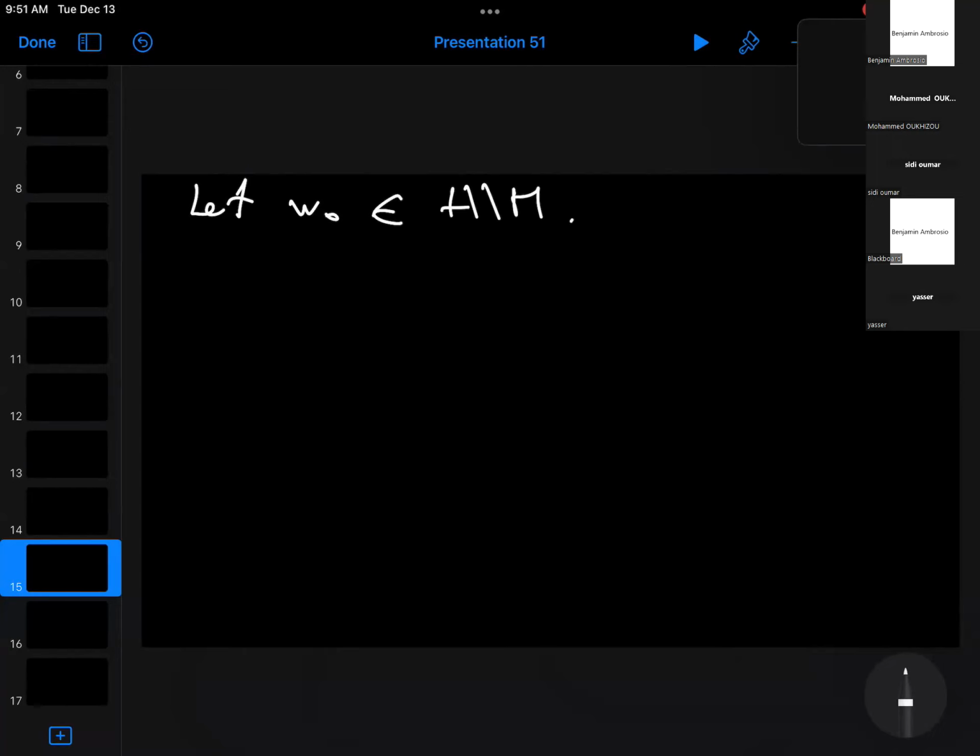And then let W1 be the projection on M of W0.